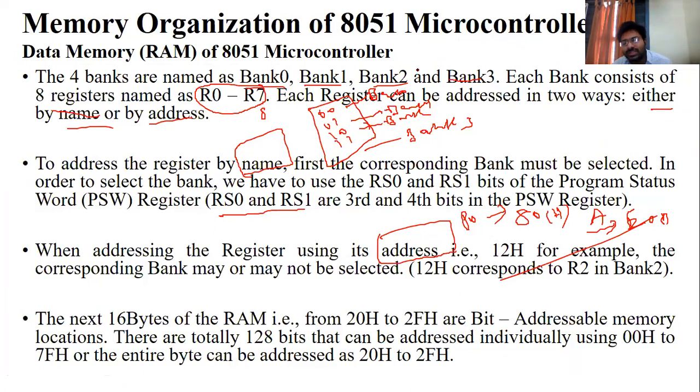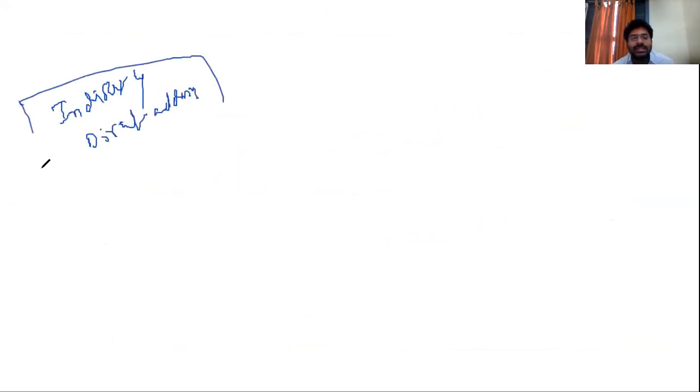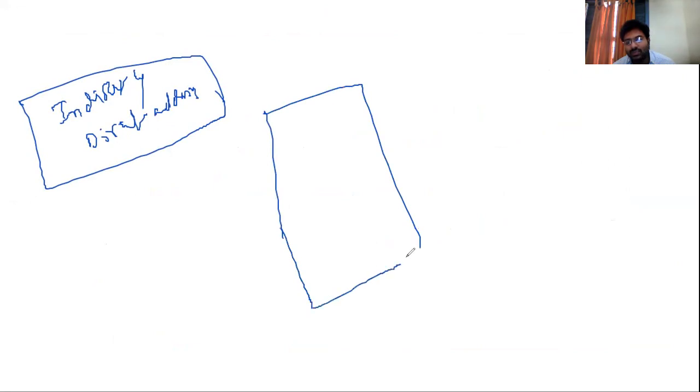How much size is used for the 4 banks? 4 banks is nothing but 32 registers. Remember one thing about combining internal and external, I mean the 128 bytes of the RAM memory. One clarification: in indirect and direct addressing, the same RAM is used for accessing both ports as well as data.